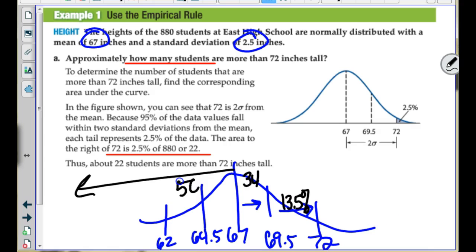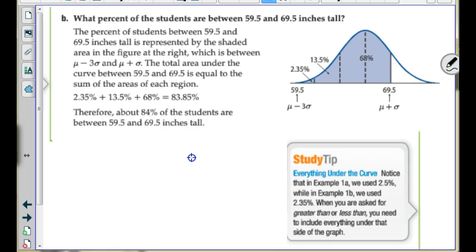So we have 50%, 34, 13.5, what's left above that? That's what they want to know. So we're just using this little rule. Then it goes on to say, be careful, how many actual students? So out of the 880 students, we have to do 880 times 2.5% and get about 22 students fell above that. All right, yes.